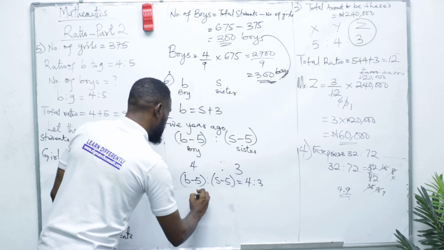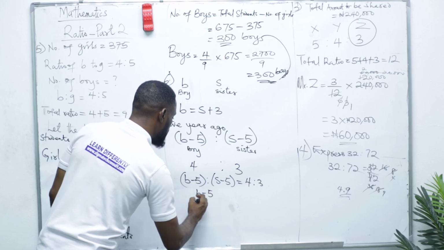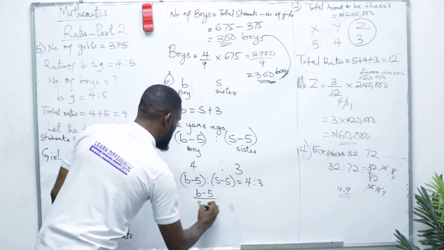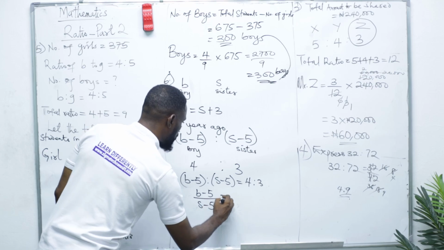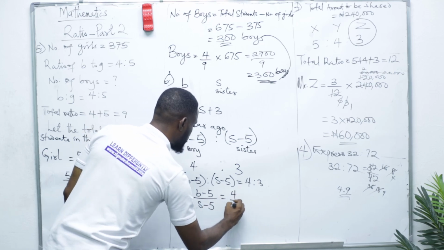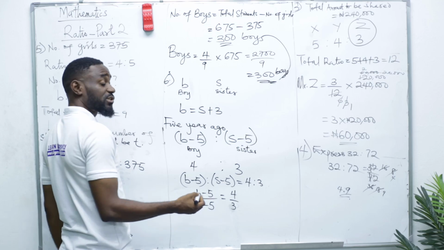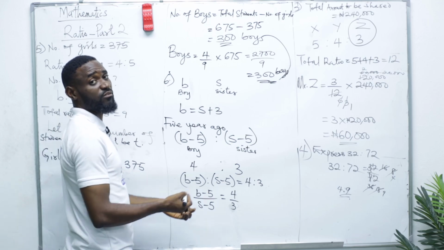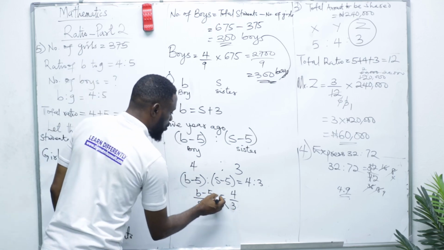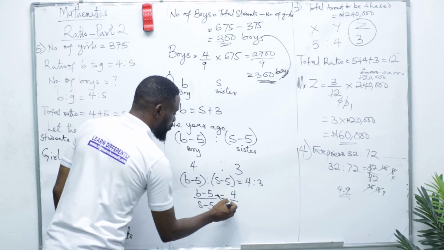So this gives us (B - 5)/(S - 5) = 4/3. We do simple cross multiplying.